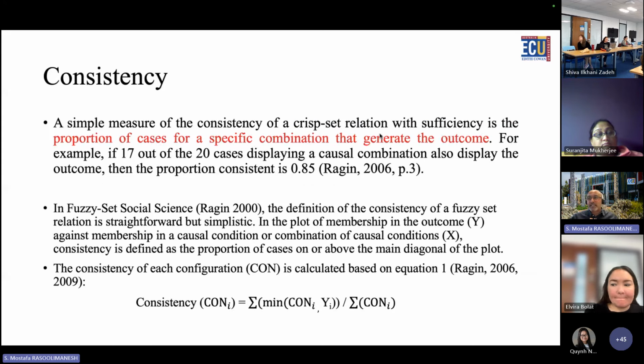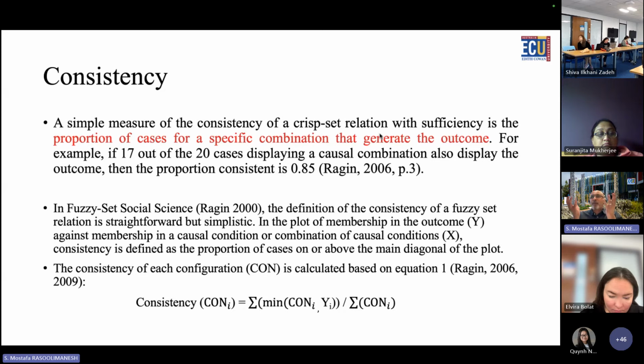The meaning of consistency. Consistency, in very simple words, especially with crisp sets, but the definition is the same as FSQCA. You can see the formula for FSQCA.